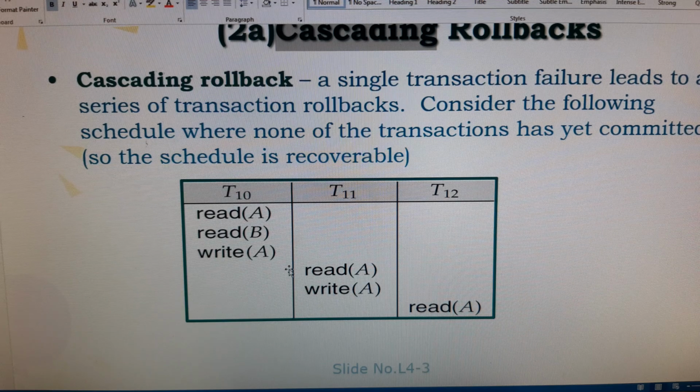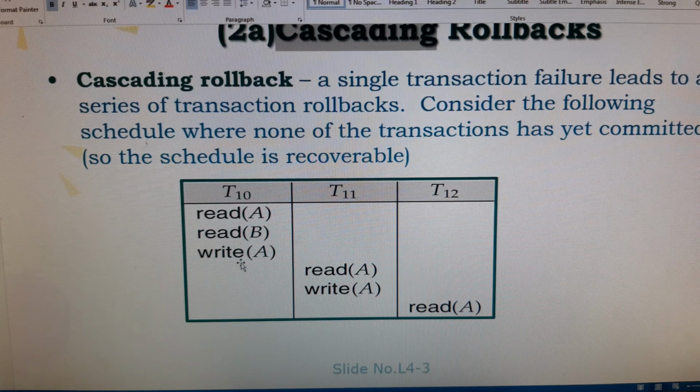You can observe that T11 performs the read operation of A after completion of the write of A, and it performs a write. T12 performs read A, which was already written by T11, and it also performs read and write operations. Then, after T11 and T12 have completed, T10 is aborted.